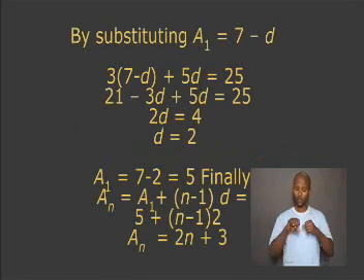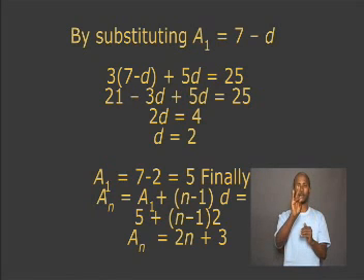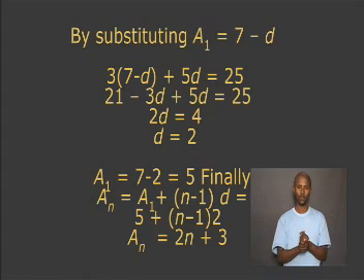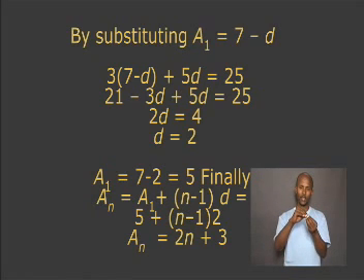We have established that A1 equals 7 minus D. So, let us substitute this into our equation. 3 times 7 minus D plus 5D equals 25.